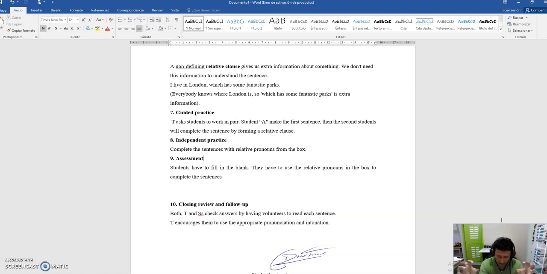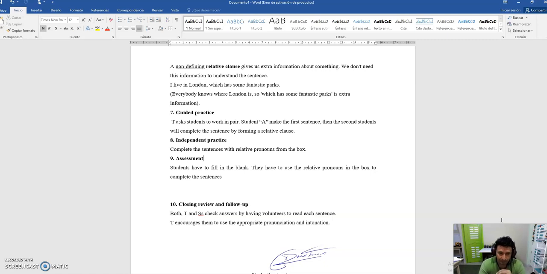There are many exercises, but I choose fill in the blank because they have to think of many answers. So they have to use the relative pronouns in the box to complete the sentences. They got patience in my class.